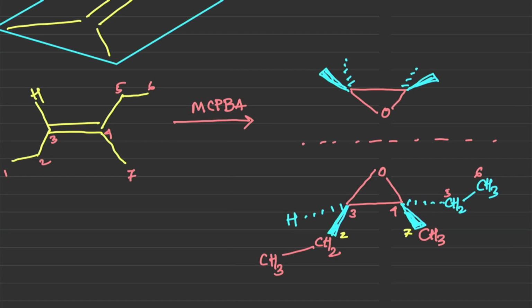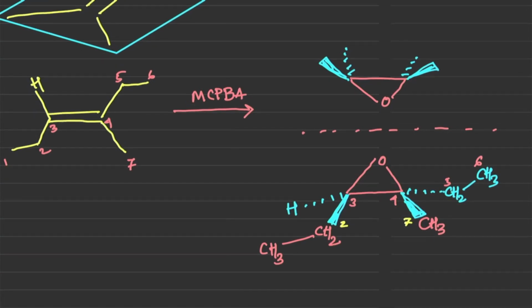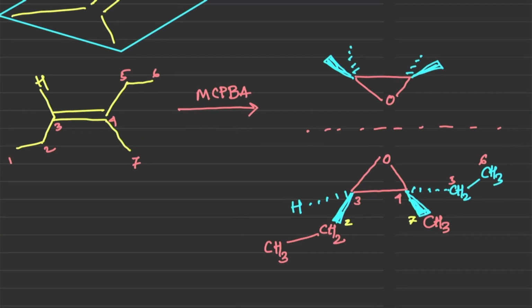All right, so we got our dash and wedges. So the mirror image of this one would be where CH3, the carbon atom 7, and 1 and 2 are going to be on the same side. So here CH3, CH2, CH3. So I'm going to number those. So this is 1, 2, this is 3, this is 4, and the 5, 6 would be here.